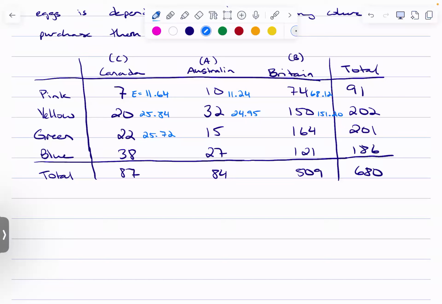201 times 84. Back to the grind. Well, this one's quite far off. 15 versus 24.83.